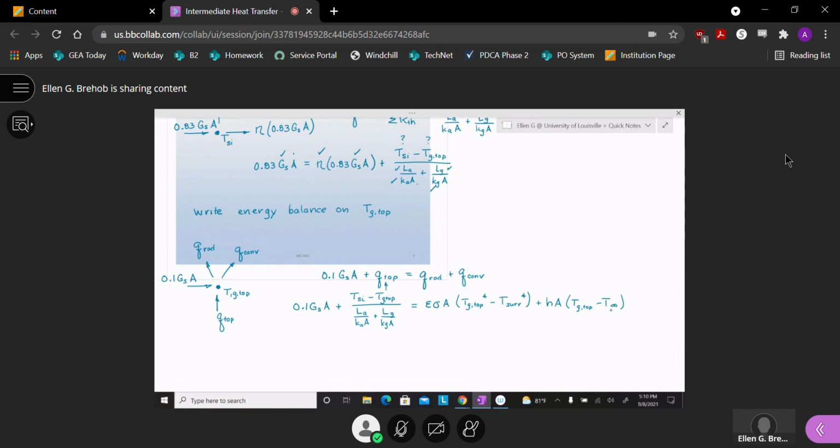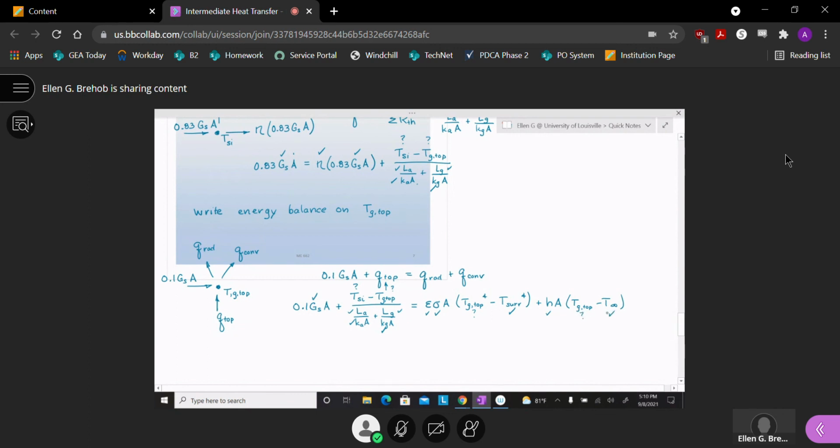Okay. If I went through and gave check marks to knowns and unknowns, again, we're given the flux. We know properties for these materials. I don't know either of these temperatures. I know emissivity. I don't know this temperature. I know that one. I know heat transfer coefficient. I don't know the top.